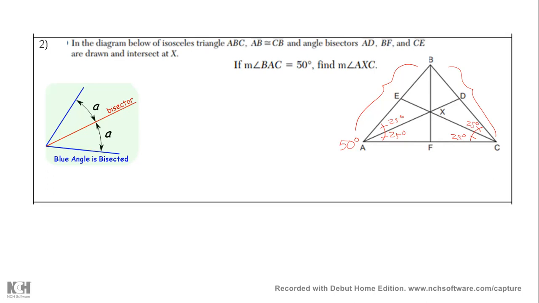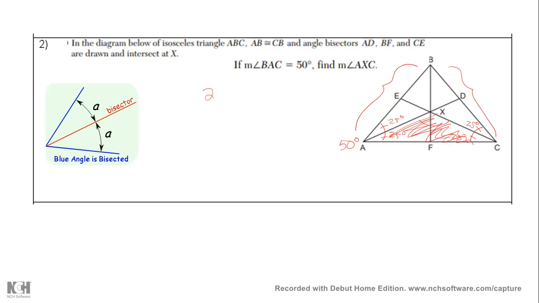We're asked to find angle AXC. There are lots of triangles in this picture, but in this triangle and all the others, the sum of the angles has to add up to 180 degrees.